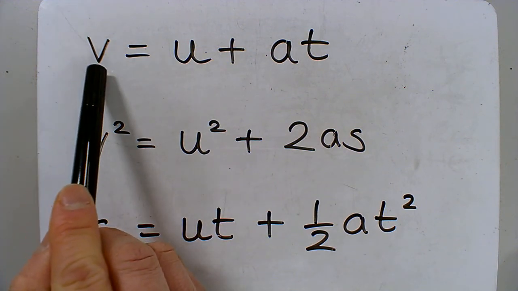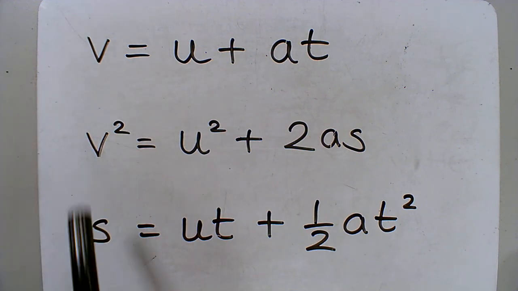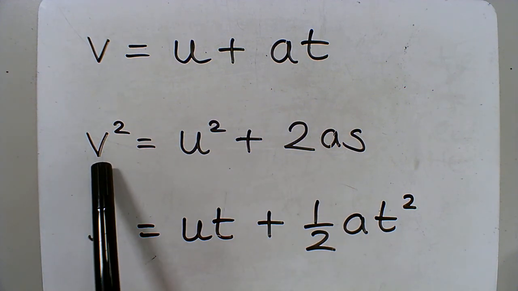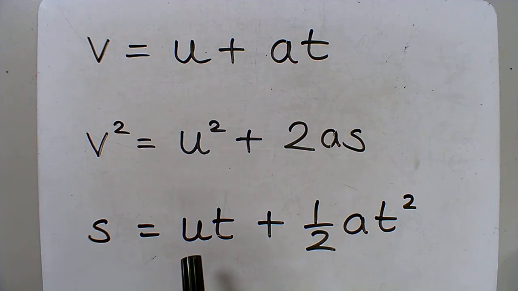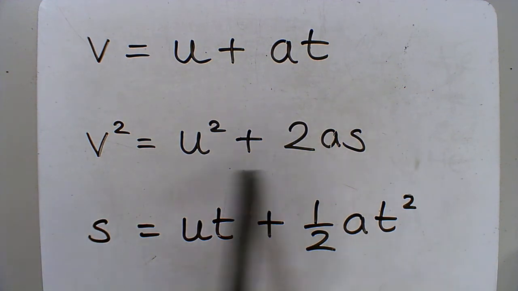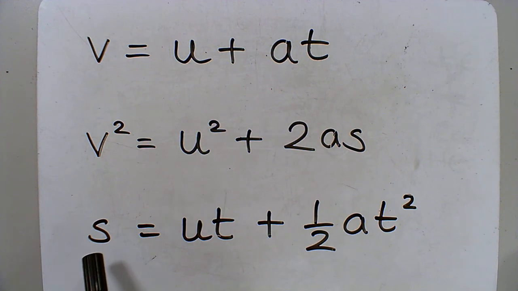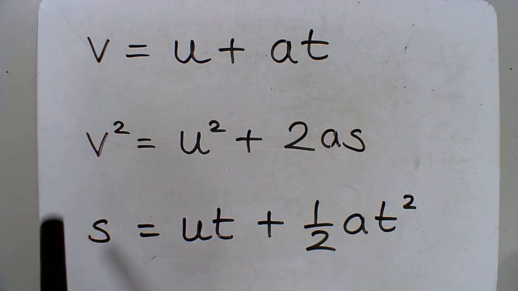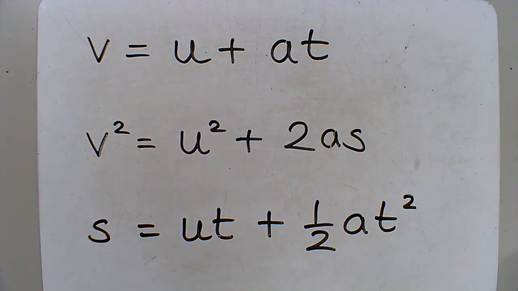So if the question is asking for the acceleration, and they haven't given you the final velocity, but they have given you the initial velocity, the time, and the displacement, then you would use this equation. Again, you have three known quantities and then one unknown, and it's the same for all three equations.